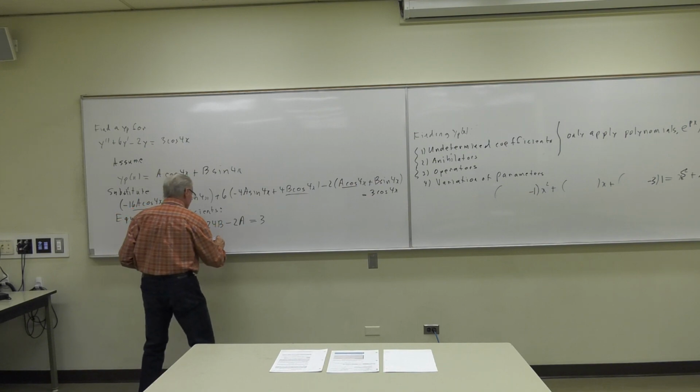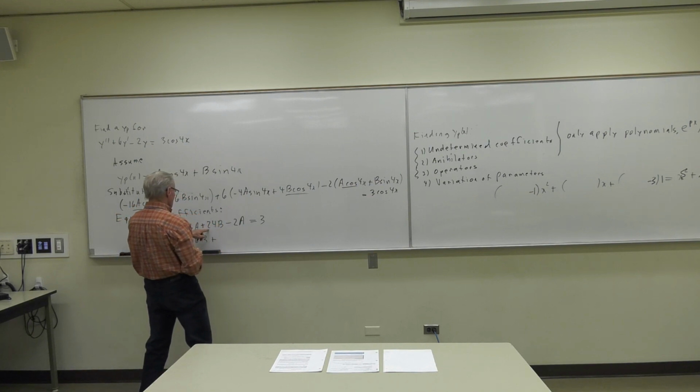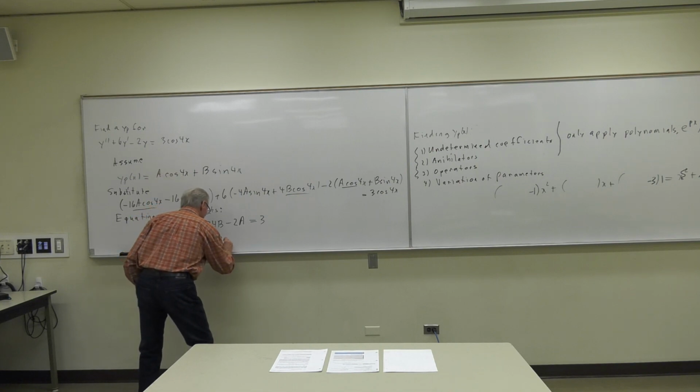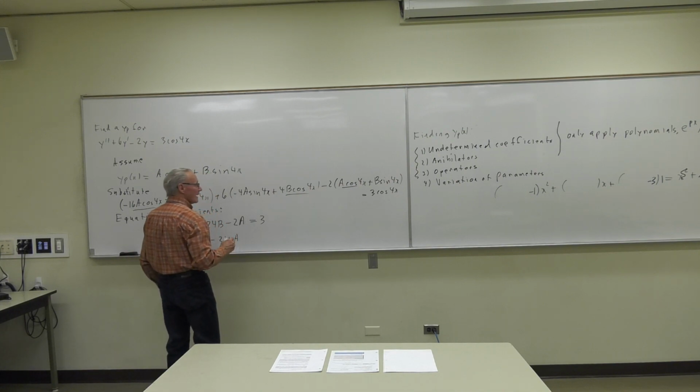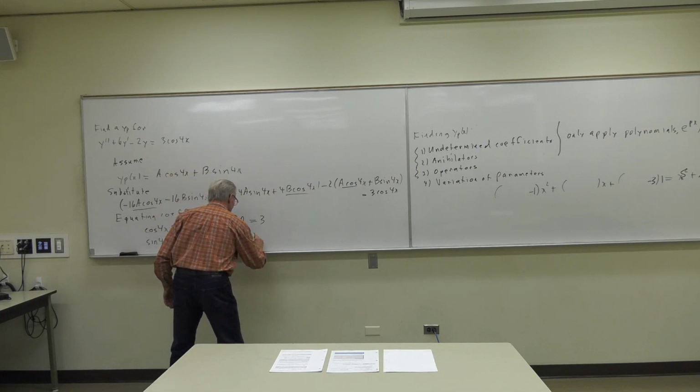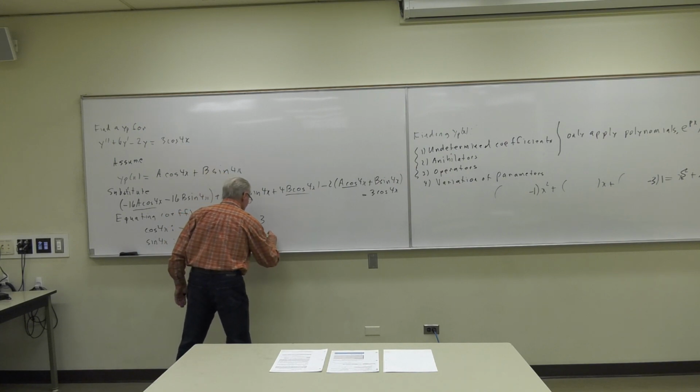I have plus, I thought I remembered saying 64. No, 24. Good thing, all right? 24. Minus 24, we're doing sines. Minus 24a. Sines, minus 2b is equal to 0.